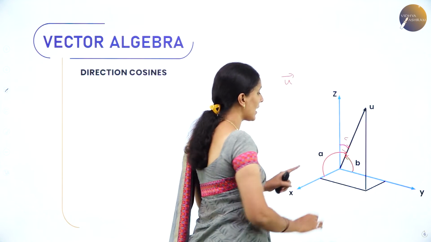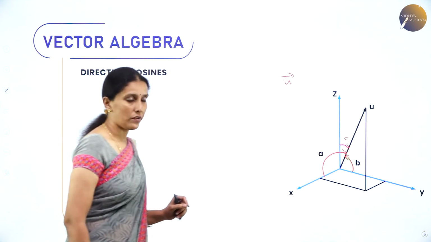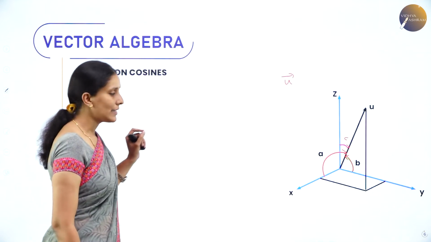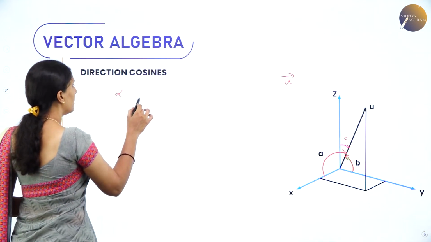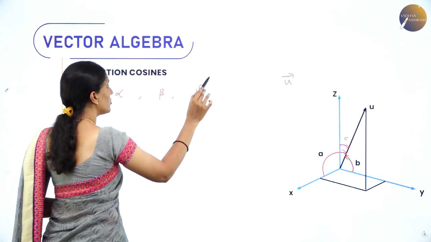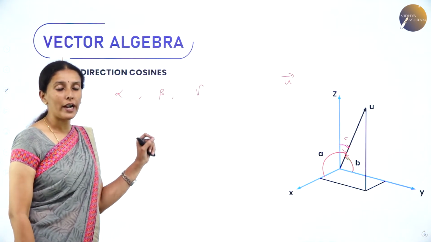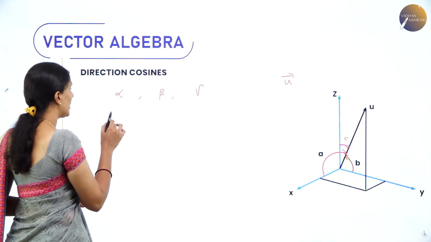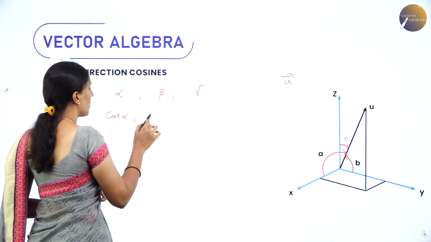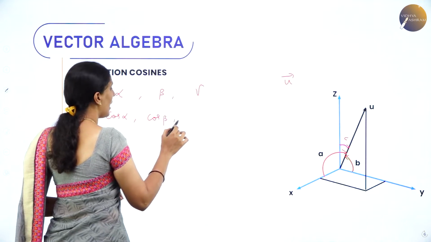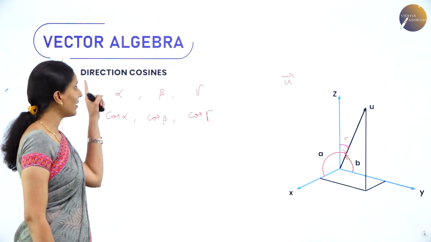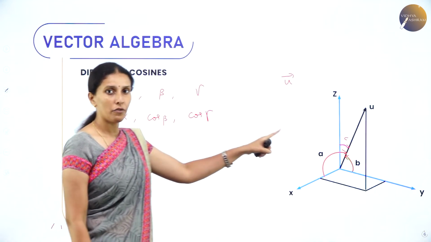In general, the angles made by the line with the three axes are taken as alpha, beta and gamma, and these are called direction angles. The cosines of these angles, that is cos alpha, cos beta and cos gamma, give you the direction cosines of the given vector.